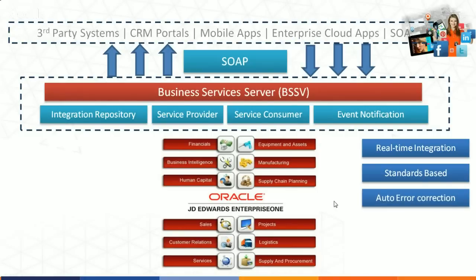You've got auto error correction, you've got error mechanisms built in, so you have a fault tolerance built into the service call mechanism. You can log those errors, you can take action in real time and do all those different things. Then you also get a real-time notification. So think about it like a Facebook alert functionality. Whenever something changes, someone tags you into a Facebook post, you get a notification in real time.